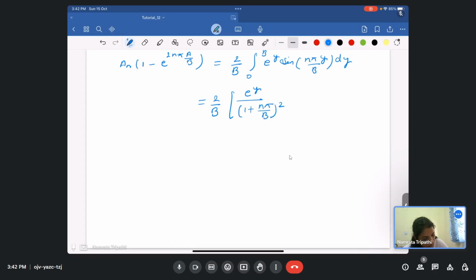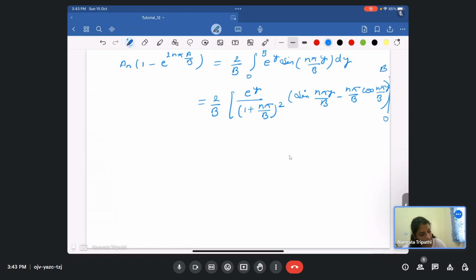Is it correct? Into sine n pi y upon b minus b into cos n pi y upon b, where limit is from 0 to b.